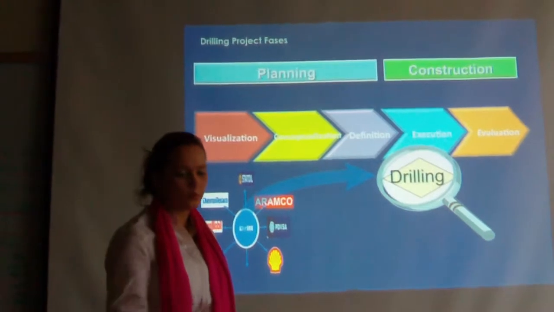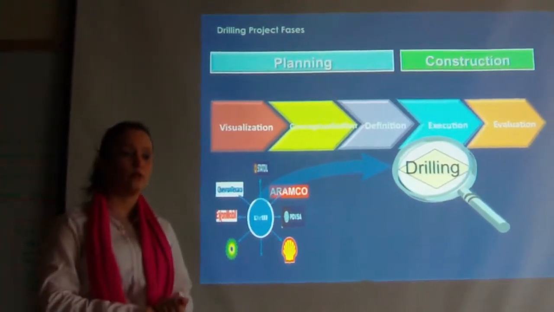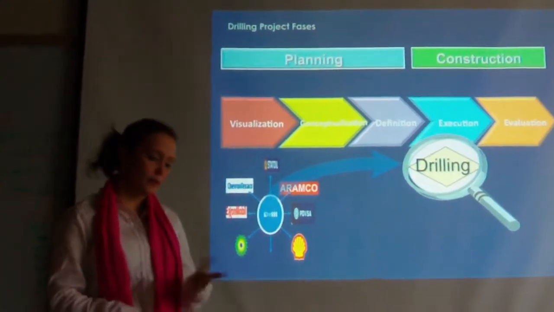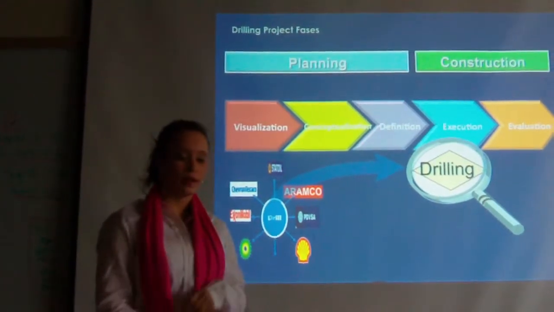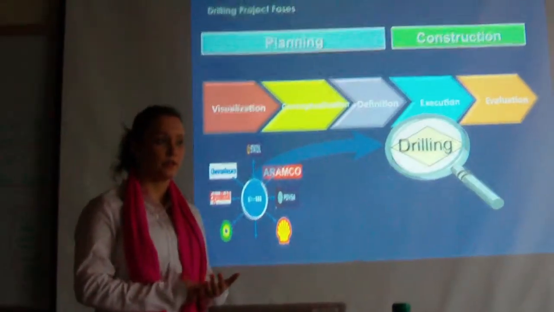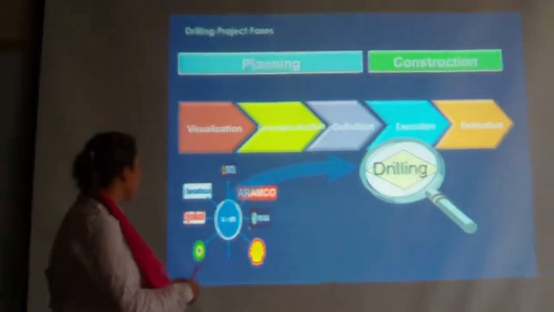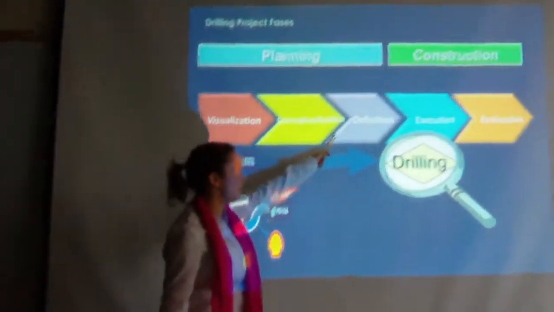So there are two stages that you have to follow to drill a well: first planning and then construction. In planning you have three phases that are visualization, conceptualization, and definition.